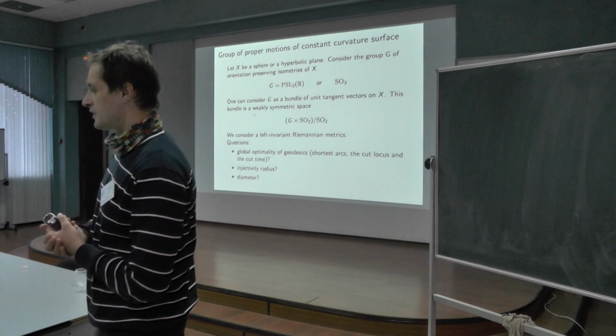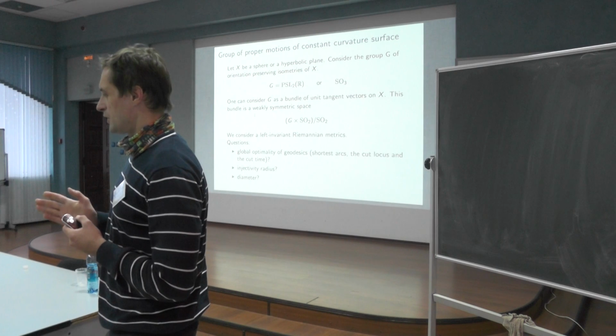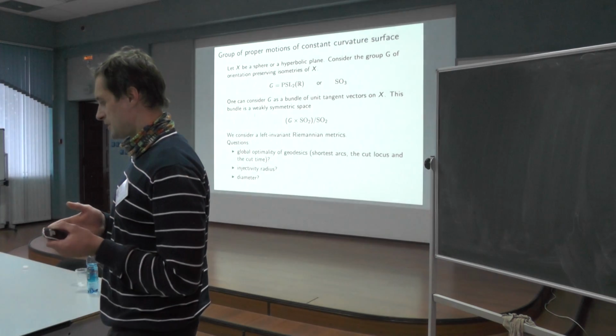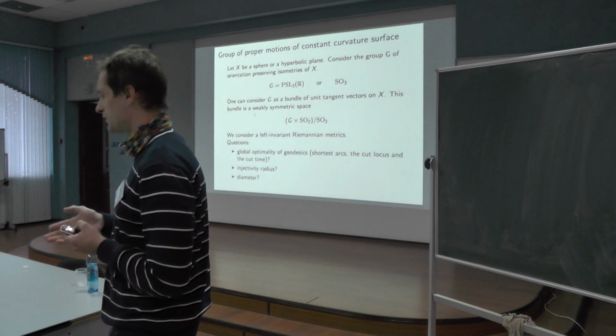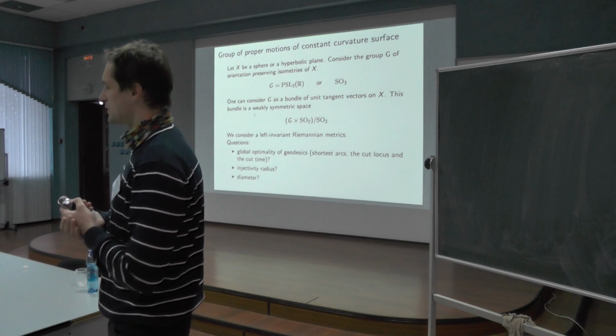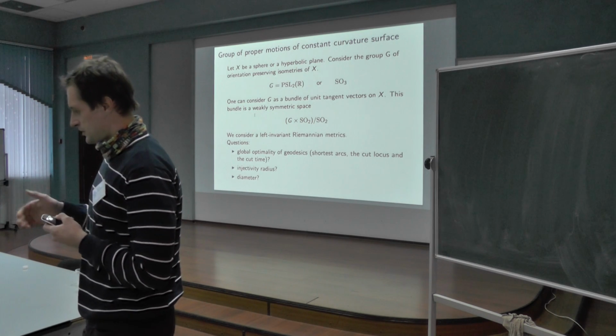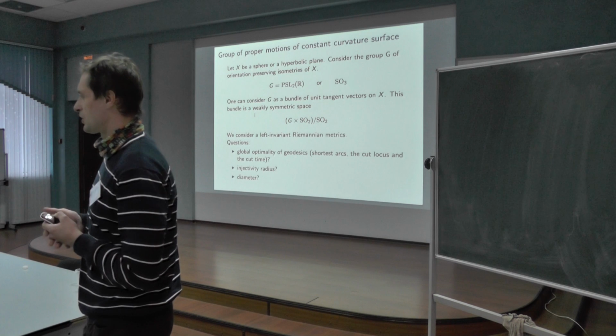Let's consider a surface of constant curvature, -1 or 1, so it is a hyperbolic plane or a sphere, and consider the group of isometries of this surface that preserve the orientation.